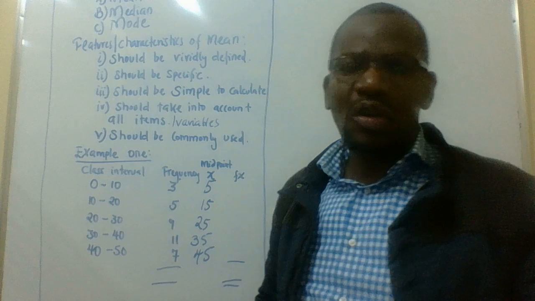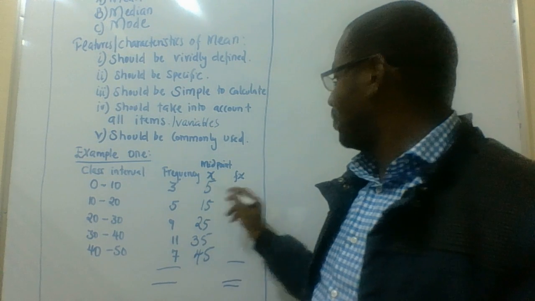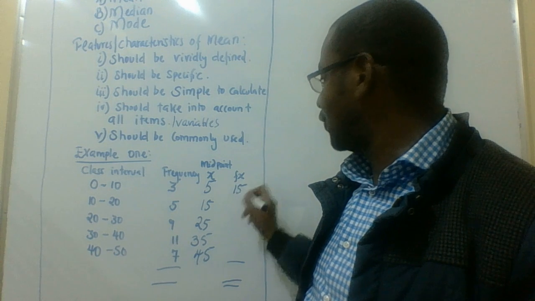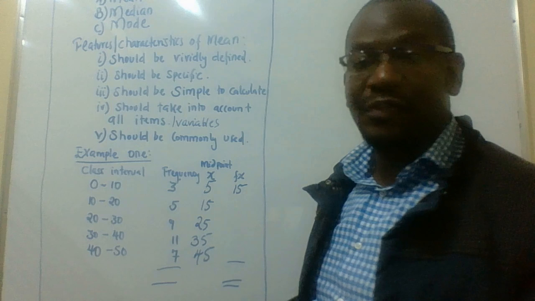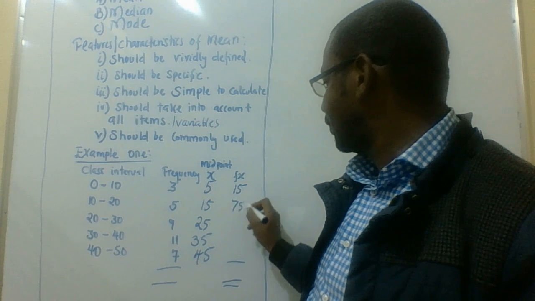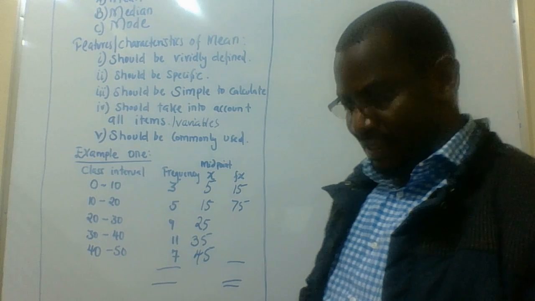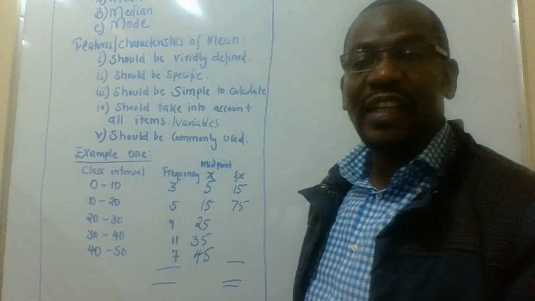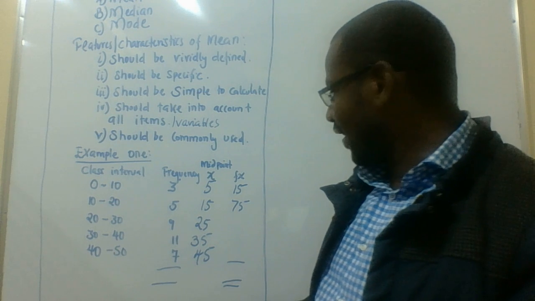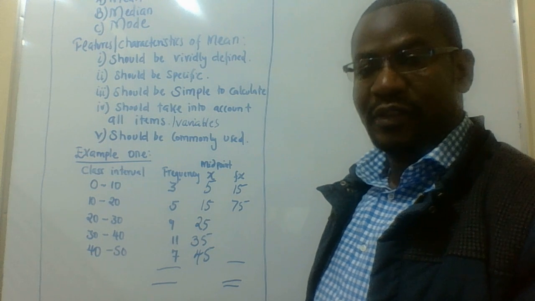So 5 by 3 is 15. So I have here 15. 5 by 15, it is 75. 9 by 25, I can seek the help of a calculator. 25 by 9, it is 225.